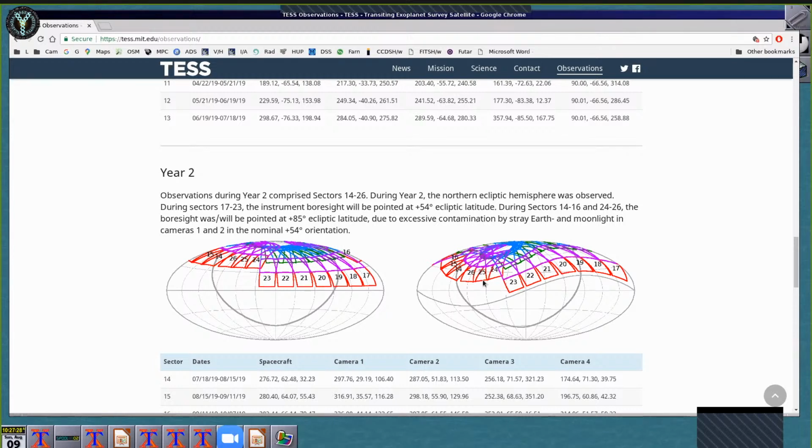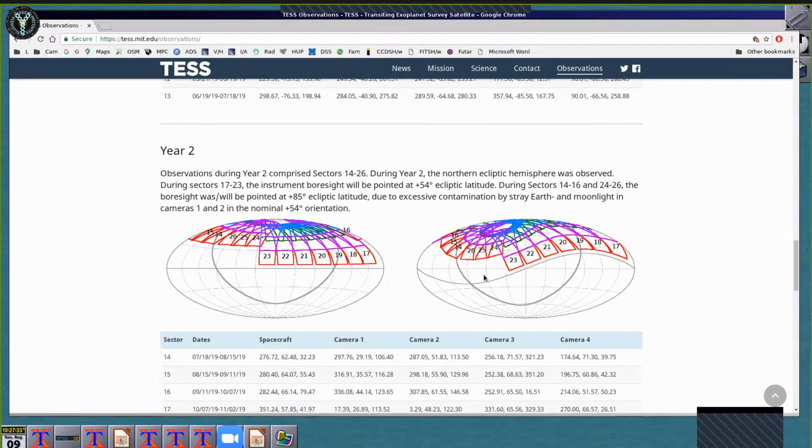And it had a few implications. Okay, the stray light was a little bit better than expected, or than in the original configuration.